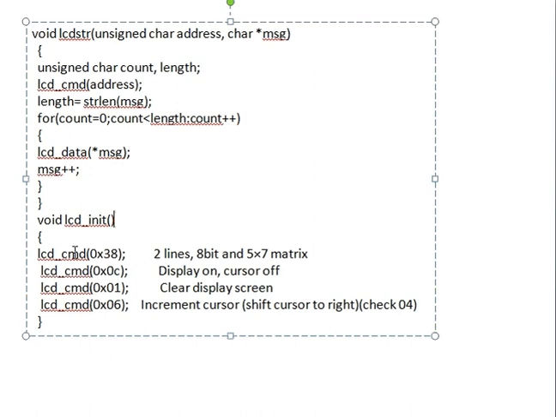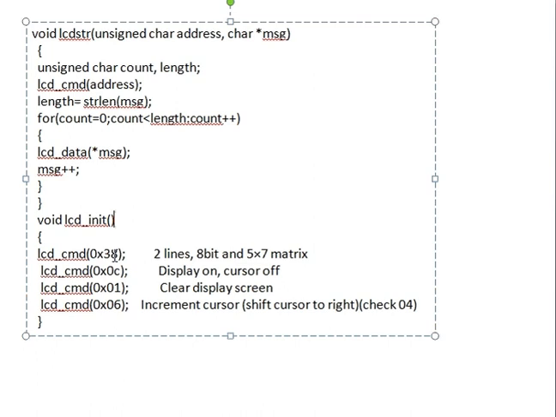There we will make command as enable, so that command we are passing. The intention is we are not passing data, we are passing a command. Hence the LCD command function is a bit different from the LCD data function. The control signals are not the same for LCD command and for LCD data.